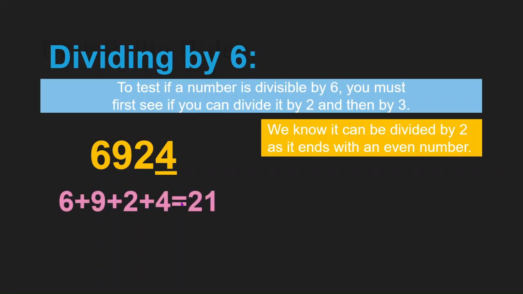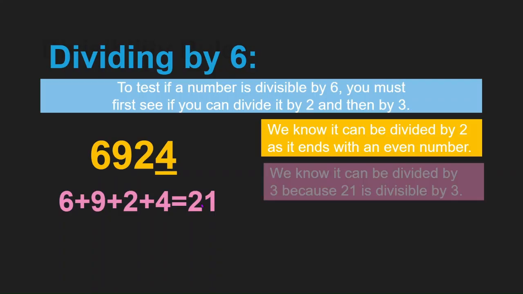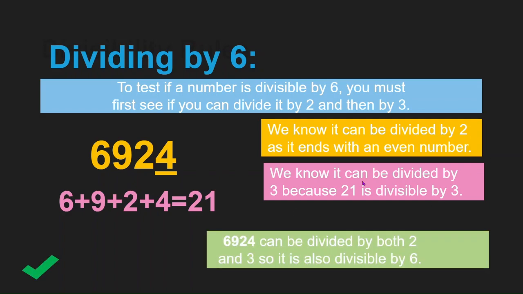So let's do that. 6 plus 9 plus 2 plus 4 is 21. Is 21 divisible by 3? Yes, it is. So this big giant number we know is divisible by 6 because it passed both of our tests. This one, there's a bit of a process. You have to do both these, make sure it can be divided by both 2 and 3, and then you know it is divisible by 6, right?